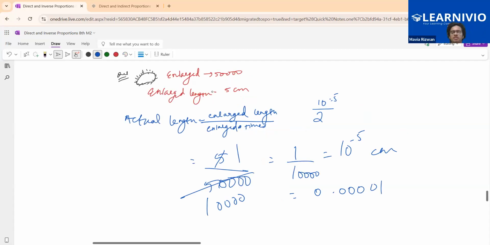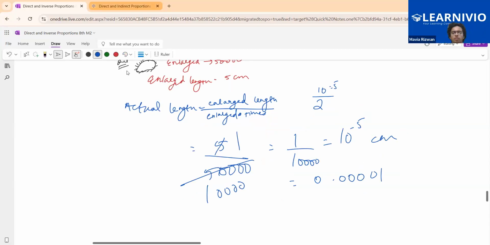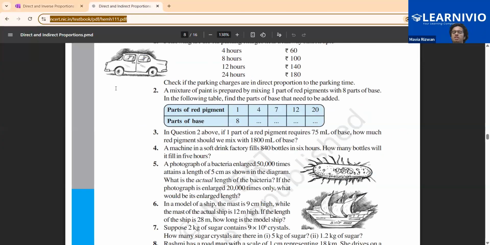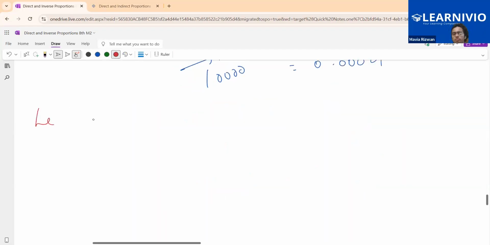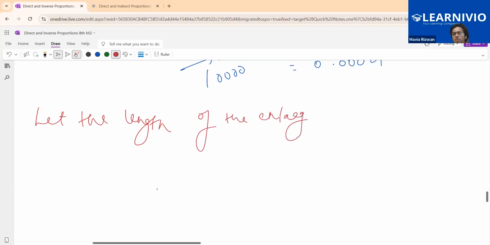Now, what they are saying is find out the length of the bacteria if it is enlarged 20,000 times only. So let the length of the enlarged bacteria be x, and let the enlargement be y.